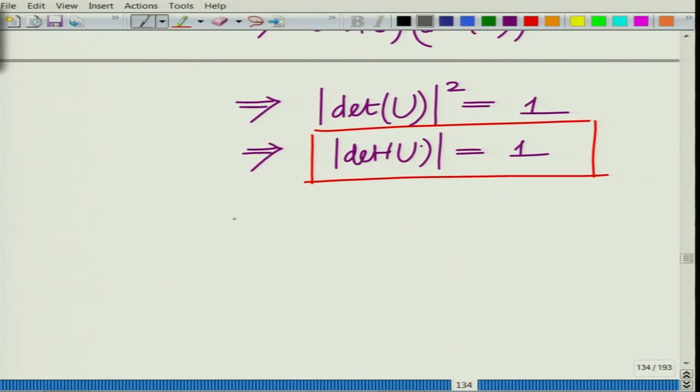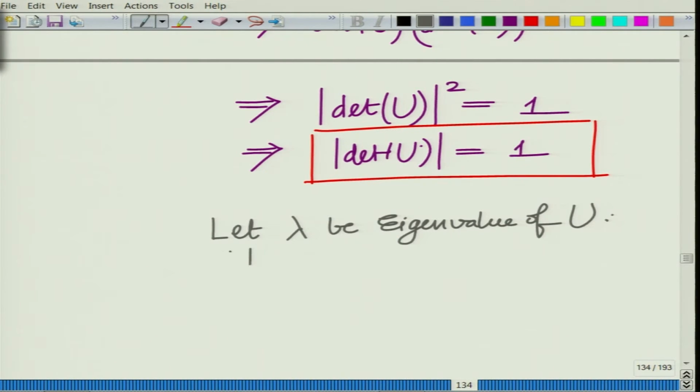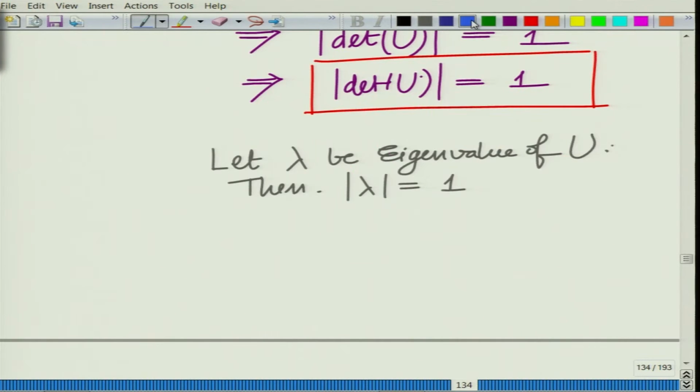So, let lambda be an eigenvalue of U, then magnitude lambda is equal to 1. For instance, since we are considering U to be a matrix, let us call Z bar the corresponding eigenvector.